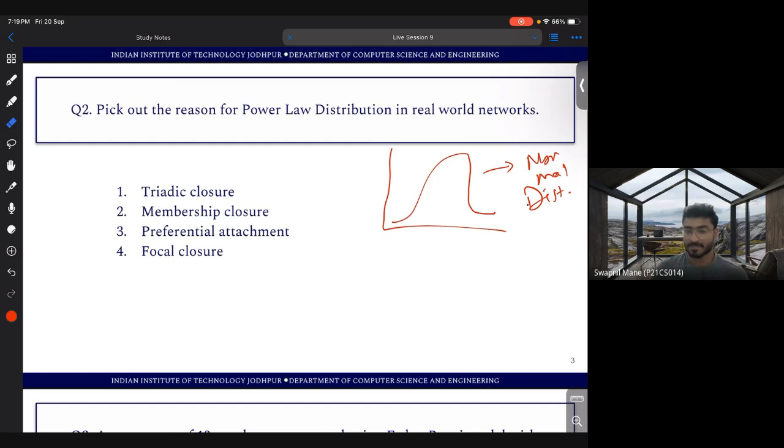So in that case we take 0.2, 0.3, like that, right? For that random graph we get a plot like this.